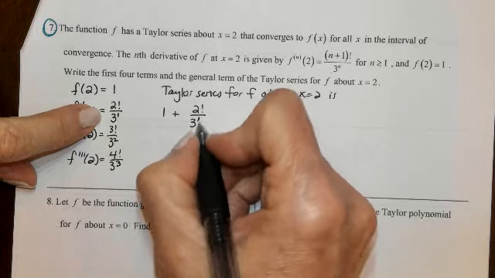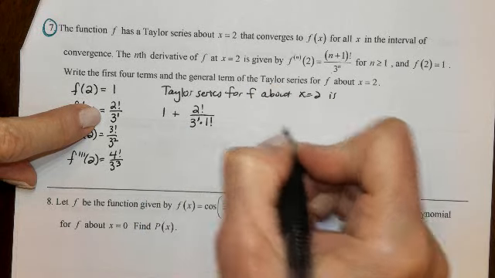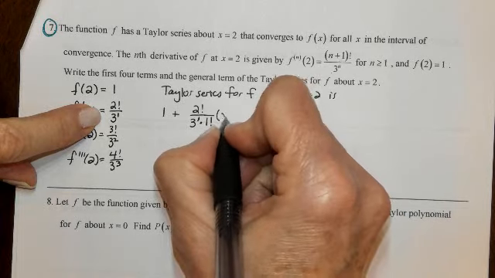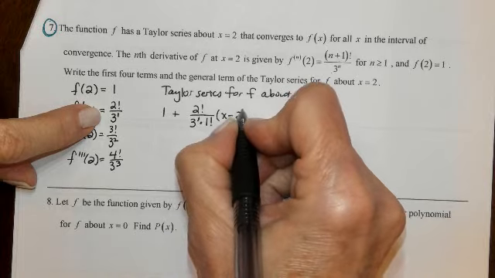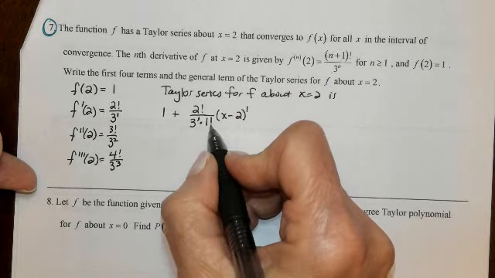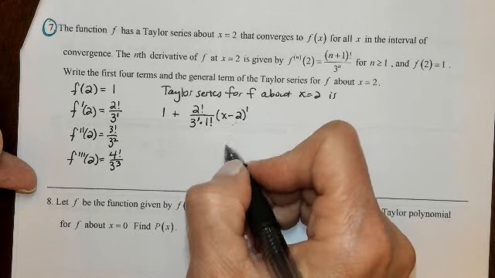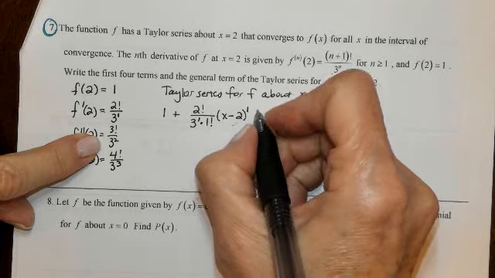Well, dividing by 1 is the same thing as multiplying by 1 over 1, so I'm going to write that down here with the 3 to the first. And then here comes my x expression, x minus c, c is 2, to the first. First derivative, first factorial, x to the first.